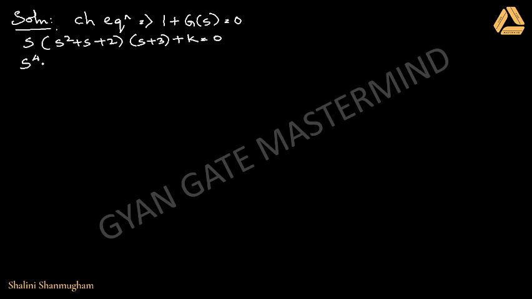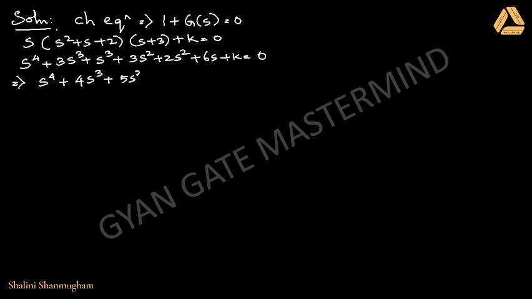From this, s power 4 plus 3s cube plus s cube plus 3s square plus 2s square plus 6s plus k is equal to 0. By simplifying this, we are getting the characteristic equation as s power 4 plus 4s power 3 plus 5s square plus 6s plus k equal to 0.